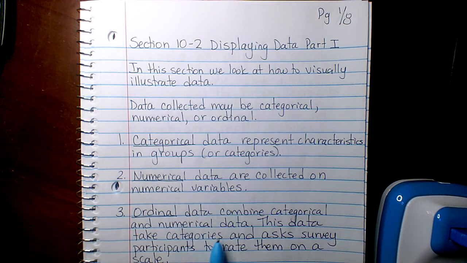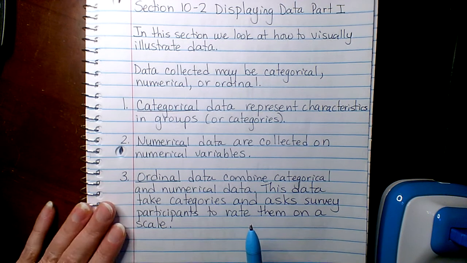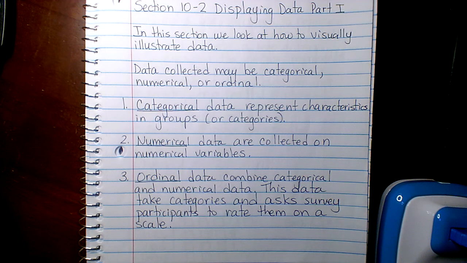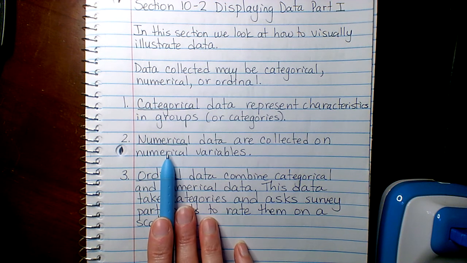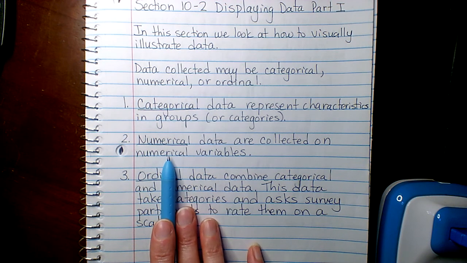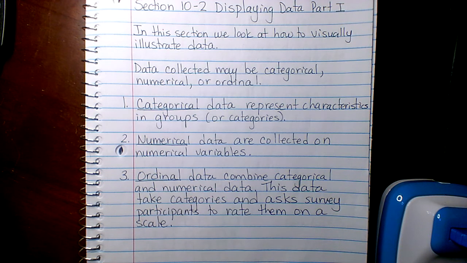That kind of combines the two. It takes categories and asks survey participants to rate them on a scale. So, if you've ever had a how satisfied are you? You're like extremely satisfied, somewhat satisfied, neither satisfied nor dissatisfied, that kind of ranking. That's ordinal data. It has numbers assigned to it, but those numbers don't really mean the same as what numerical data numbers mean.